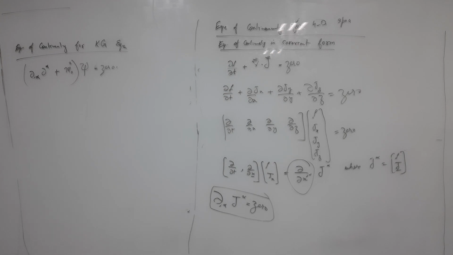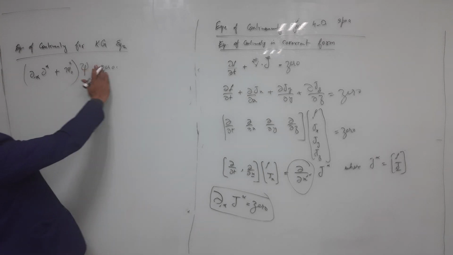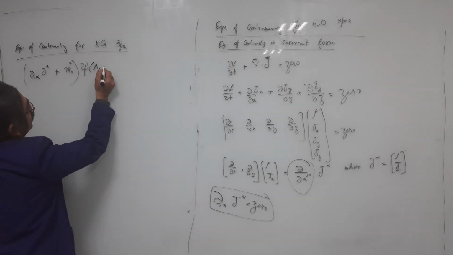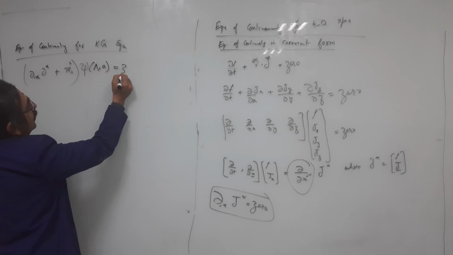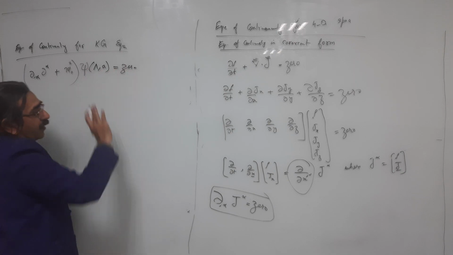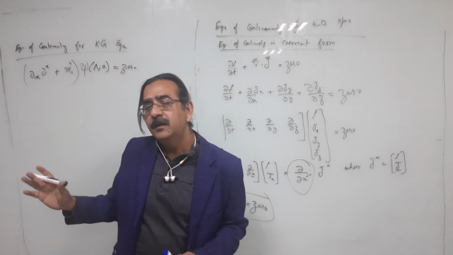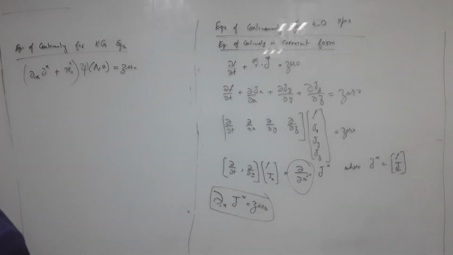Okay, this is not A, this is gamma A. Whether it is right or not, it means that it is a Lorentz invariant. It is not necessary, it is a function of it. So this is the KG equation.